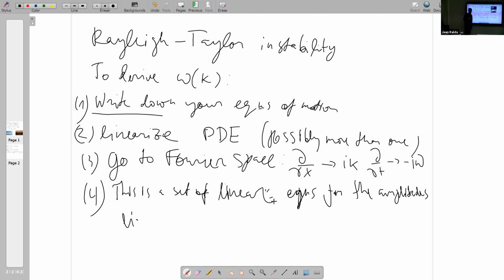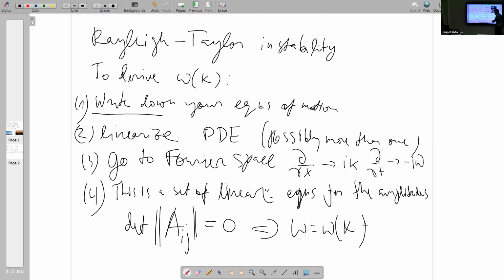But you want to have non-zero solutions with zero right hand side. So this means that the determinant of this set of linear equations must be zero. The determinant of this A, symbolically let us say A_ij, where A_ij are the constants of this linear set of equations. The determinant must be zero, and this condition is exactly what gives you omega of k.